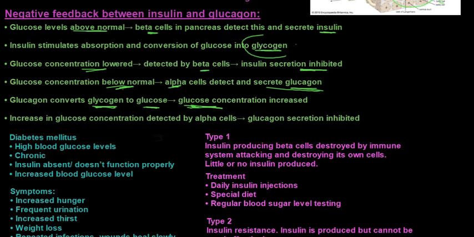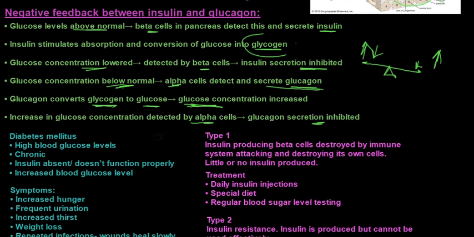Now, this increase in the glucose concentration is then detected by the alpha cells once again, and then the glucagon secretion is inhibited. And this happens the whole day. You can almost say it's a little seesaw effect. As the one goes up, the other one goes down. If the one goes up, the other one goes down. And this happens the whole day. Specifically after meals, you'll have an increase in your blood glucose levels.